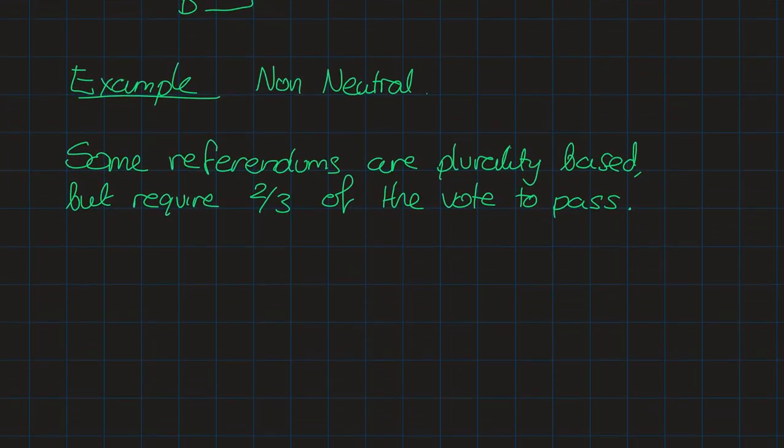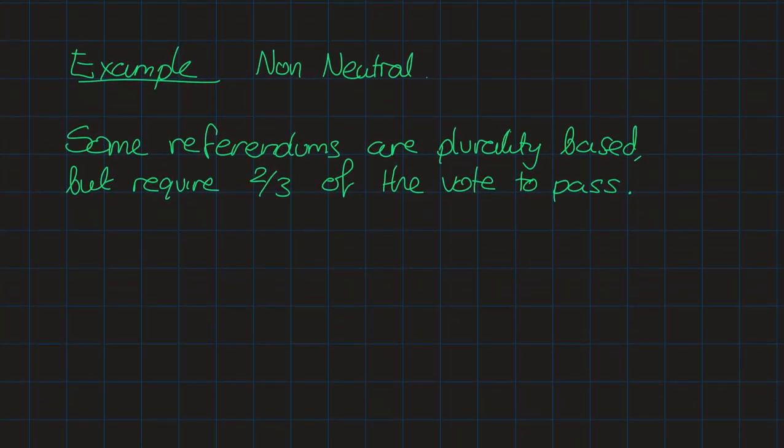For example, some referendums are based on the plurality, but they require 2/3 of a vote to pass. And this is a perfectly natural thing to do, I think. Like some referendums, like amending the constitution, you need more than 50% in favor to pass. You need like a 2/3 vote or a 3/4 vote.